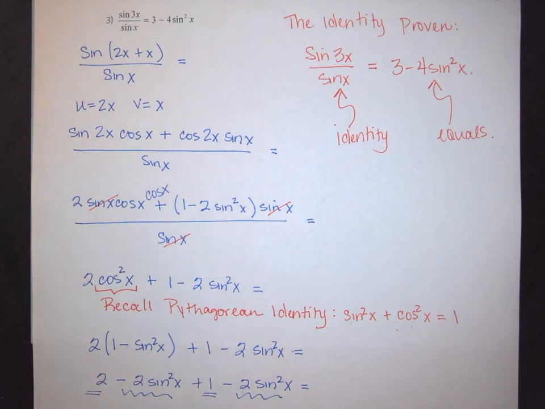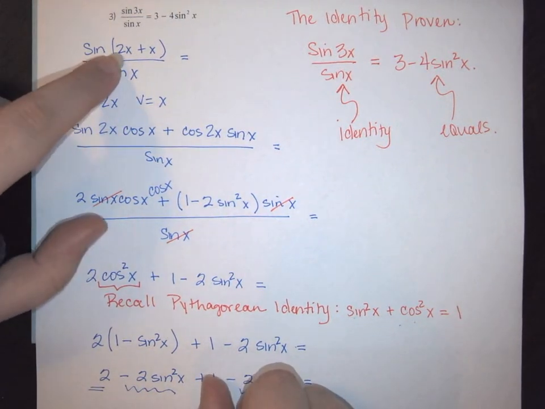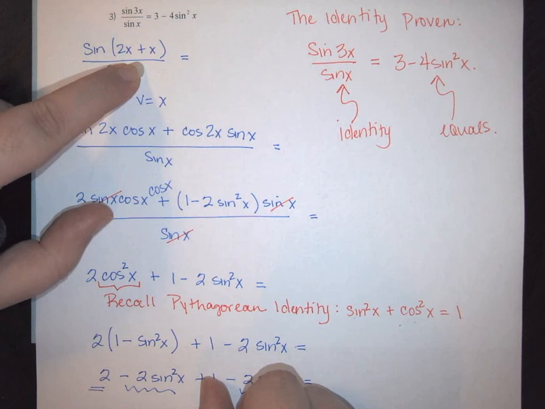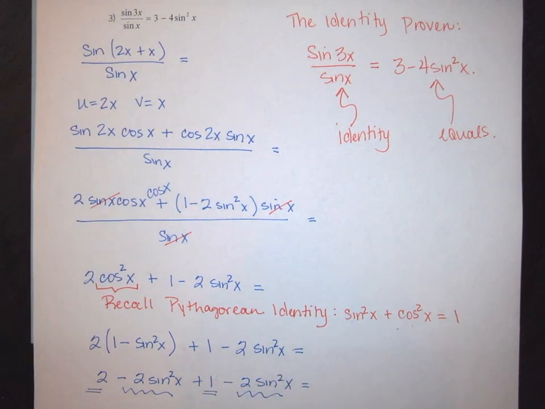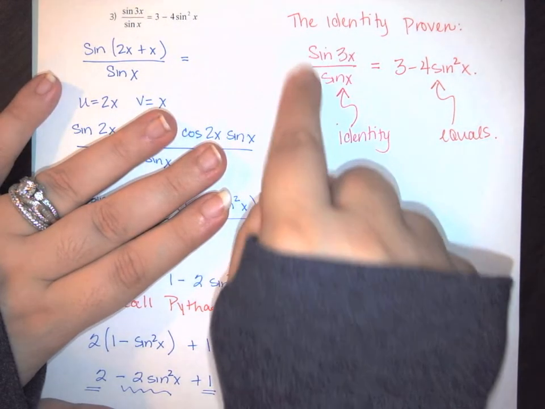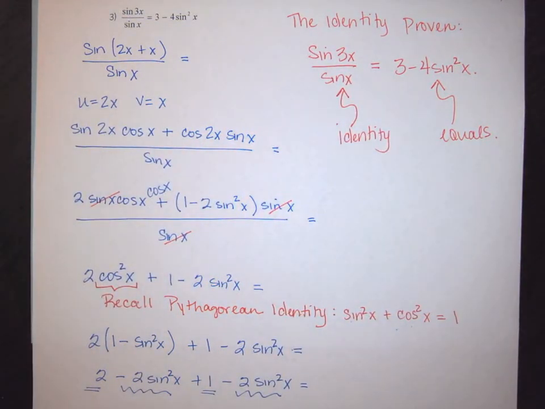Okay, kind of like the fact that we are able to take the sum identity and then also reference back to the double angle identity in order to make this proof. Somewhere else we may be able to reference this identity in order to prove something else. Okay, so make sure you're following what the identity is you're working with and what it is that you're proving that it equals.